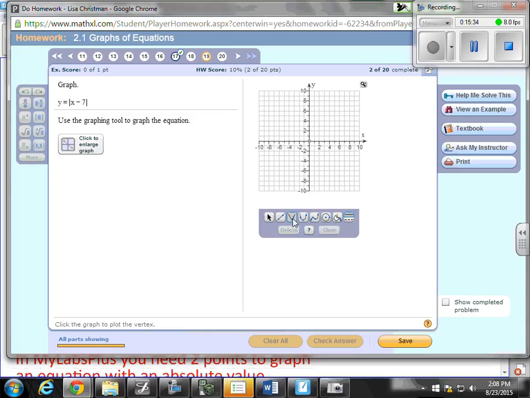To graph the one that we just did, I'm going to graph at, what did we say, -3, 0 and -2, 1, and notice how that gives me a nice V. I've got to have the lowest point, that's what it does first, and then one other point tells it where to put that V. If you get it in the wrong spot, you can always hold down and move your point around, but that's what our V should look like. So that's what it looks like when you graph that in MyLabs Plus.